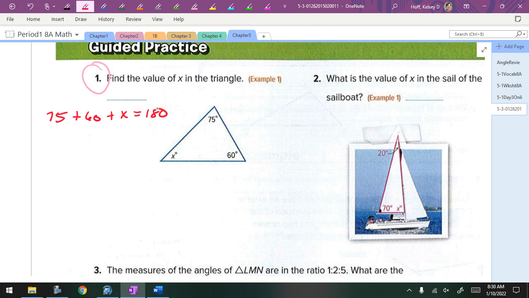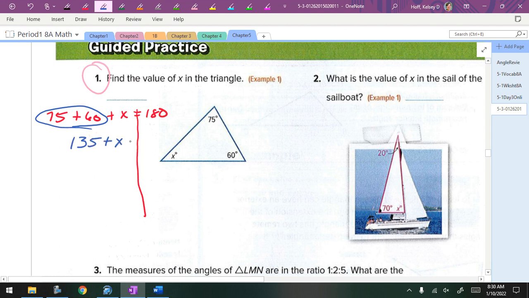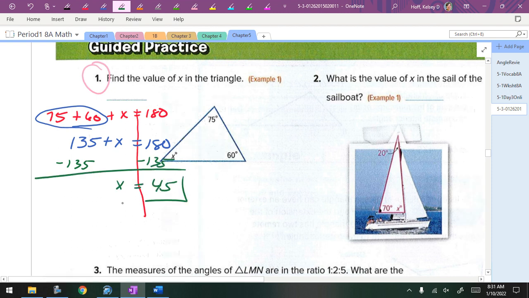Tegan, what's my next step then? You gotta add 75 and 60. And when you add those together, what do you get? 135, right? Bryce, what's my next step? Very good. And when you subtract 135, x equals 45. Nicely done. Now, you have to show me this or you're not going to earn credit for it.